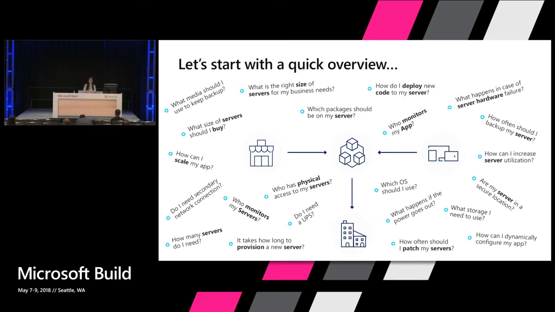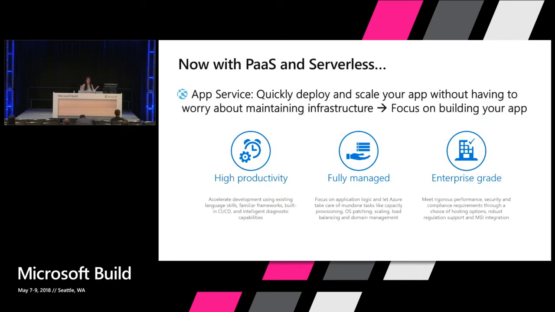While you can answer some of these questions with infrastructure as a service, with PaaS and serverless, as some of you already know, this is abstracted away, and we worry about maintaining the high availability and actually updating and maintaining that infrastructure. So with PaaS and serverless, things become much more simple. Specifically, I'm going to be talking about Azure App Service today.